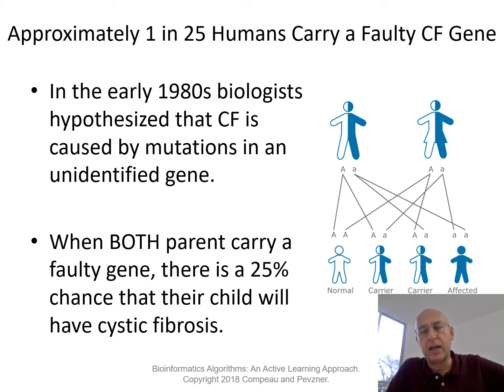We have a mutation in a gene. When it happens in both chromosomes, it gives a 25% likelihood of the individual being affected. When it happens in only a single chromosome, the individual is a carrier, but is not affected.